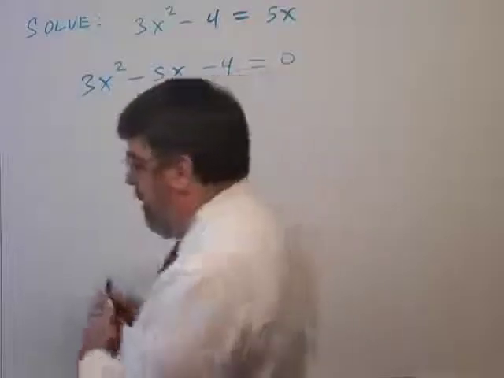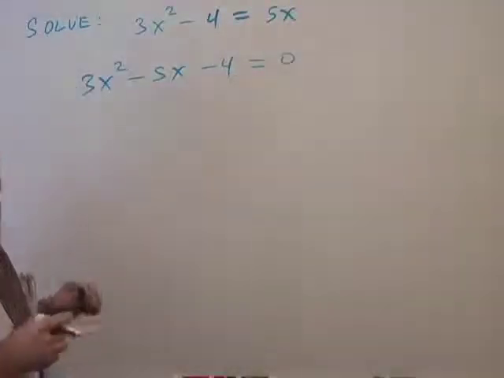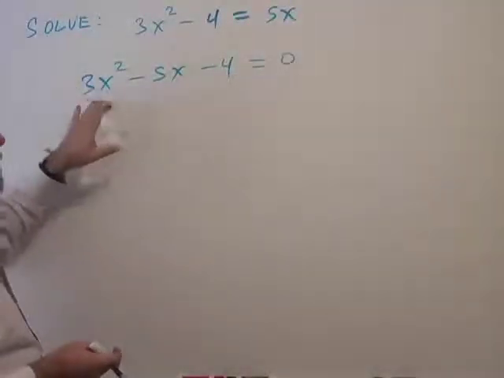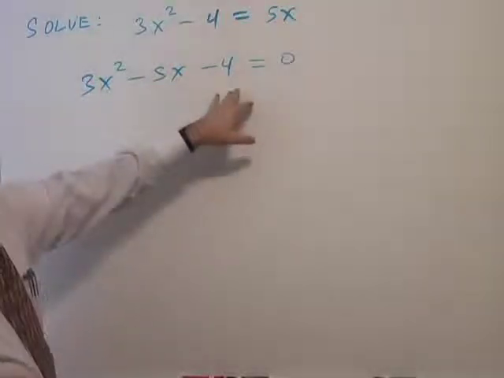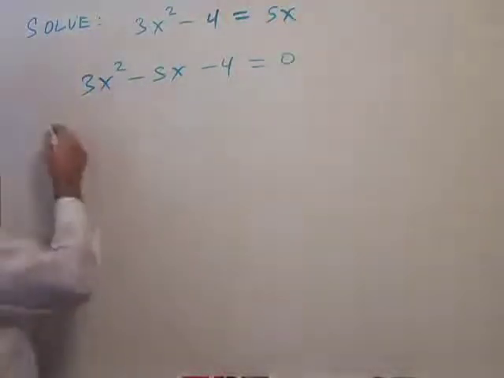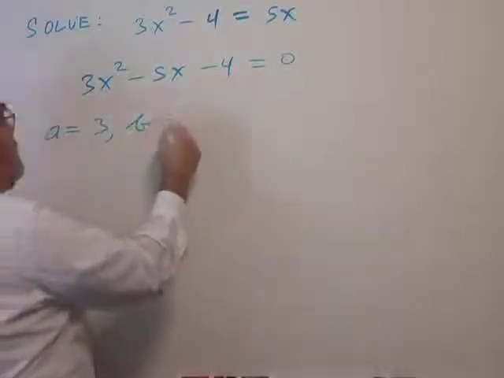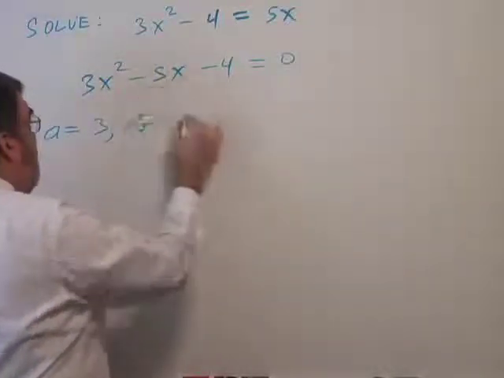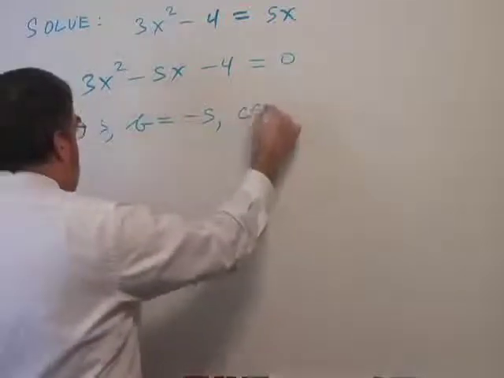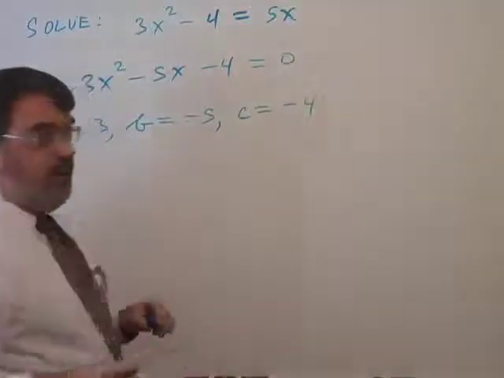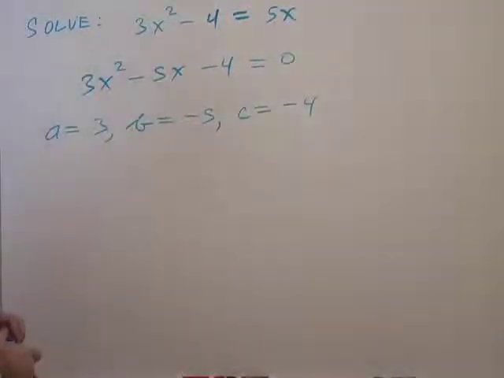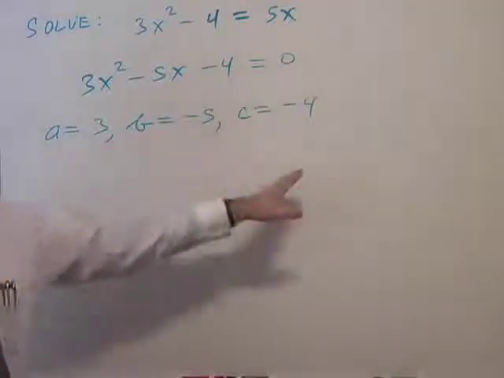And let's go ahead and write the coefficients in. Remember, the quadratic formula solves ax squared plus bx plus c equals 0. So a is equal to 3, b is equal to negative 5, and c is negative 4. So I think it's helpful to write those out.